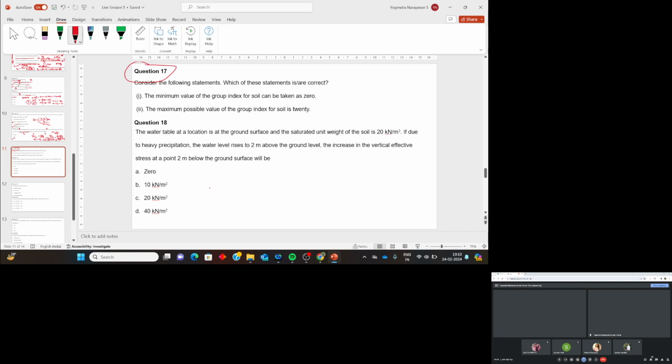Water table at a location is at the ground surface, and the saturated unit weight of the soil is 20 kilonewton per meter cube. If due to heavy rains, the water level rises to 2 meter above the ground level, the increase in effective vertical stress at 2 meter below the ground surface will be.